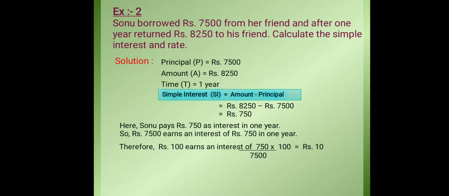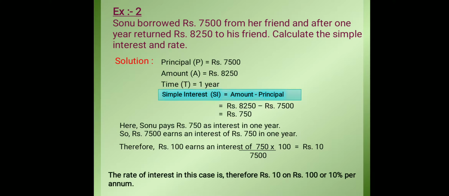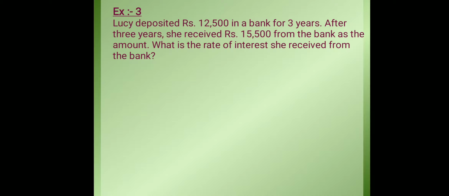Therefore, rupees 100 earns an interest of 750 multiplied by 100 divided by 7,500, that is equal to 10 rupees. So the rate of interest in this case is rupees 10 on rupees 100, or simply we call it 10% per annum.